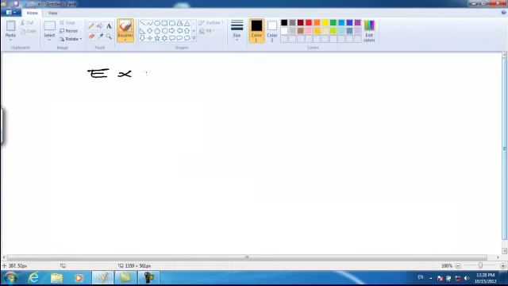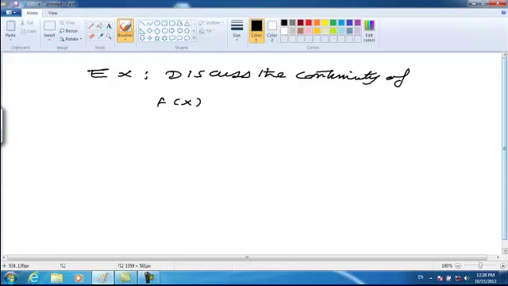Example: discuss the continuity of f of x equals modulus x at x equals 0.